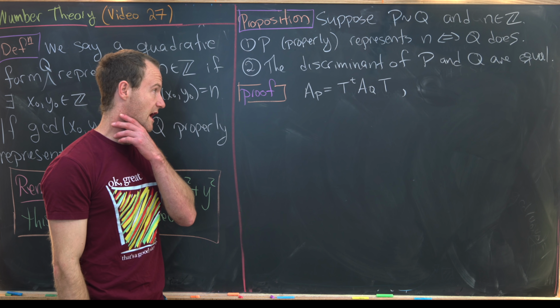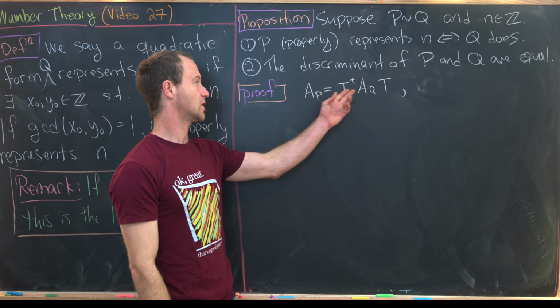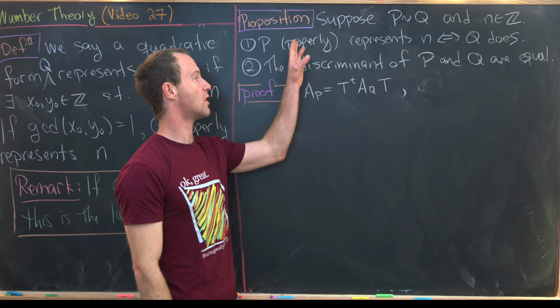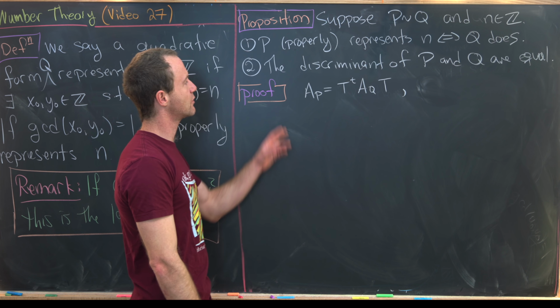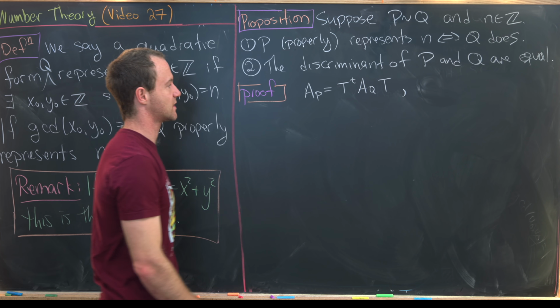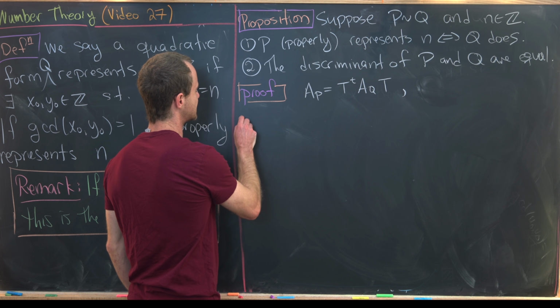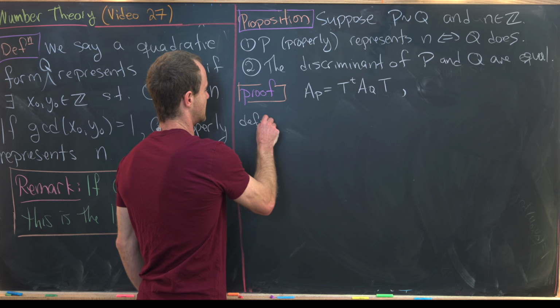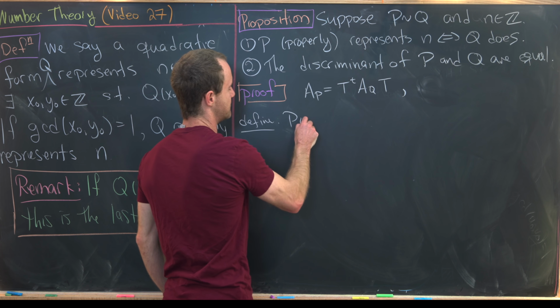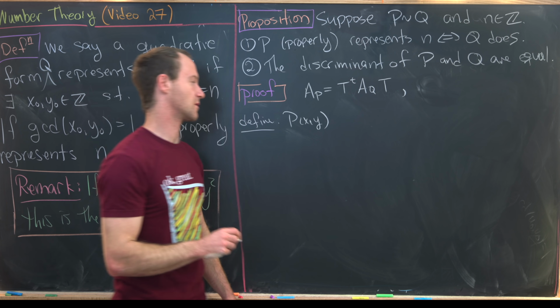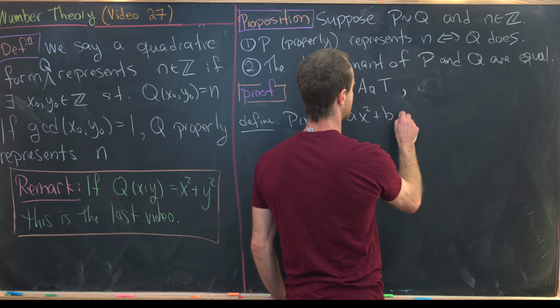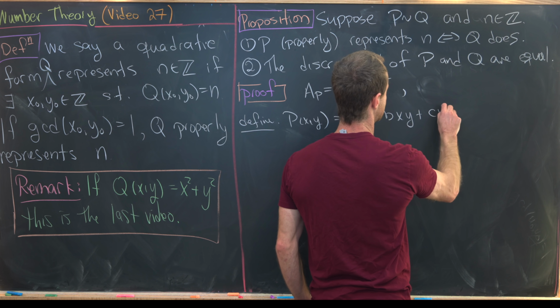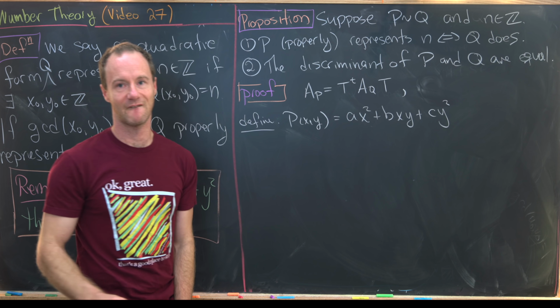So let's recall on the last board, we had this equivalence of our two quadratic forms in terms of this matrix equation. Now we want to claim that their discriminants are the same. So let's first define some coefficients to build our quadratic form P of x, y. Let's say that's equal to a x squared plus b x y plus c y squared.